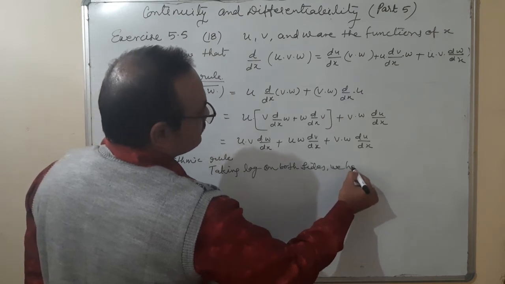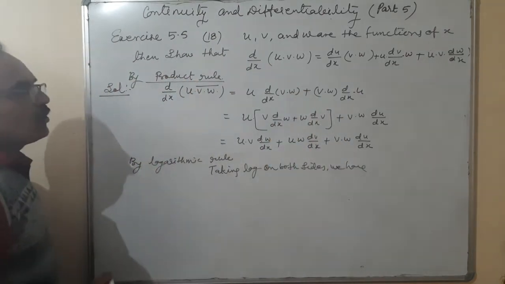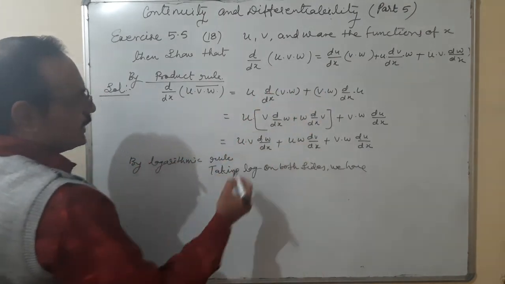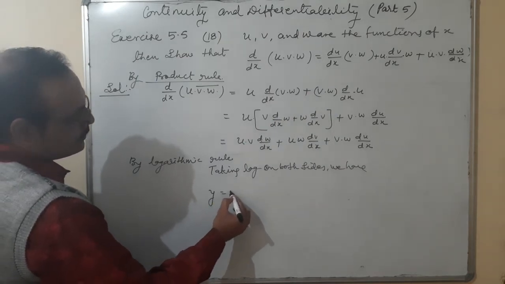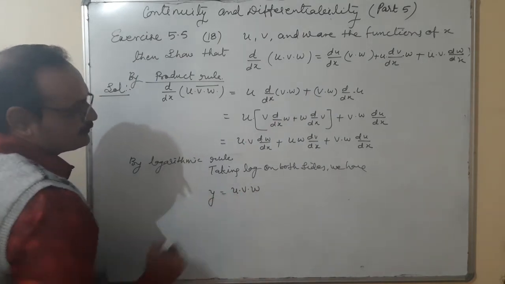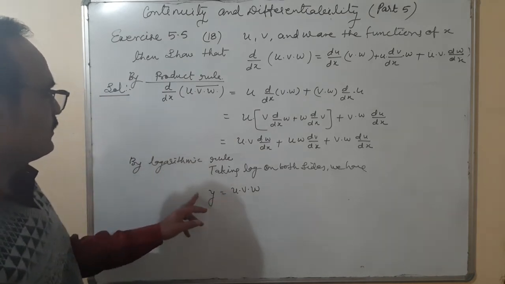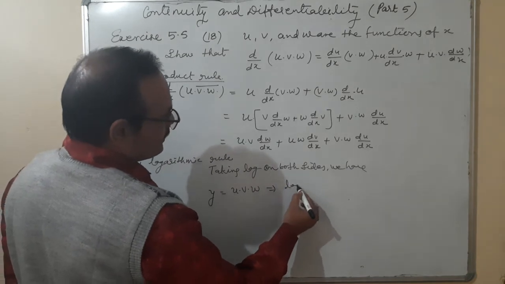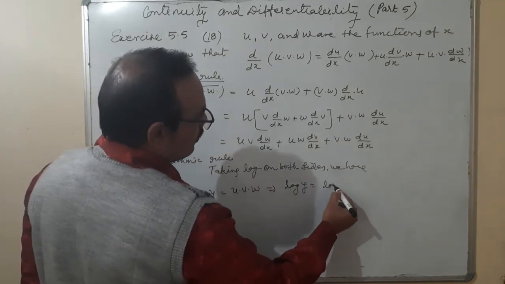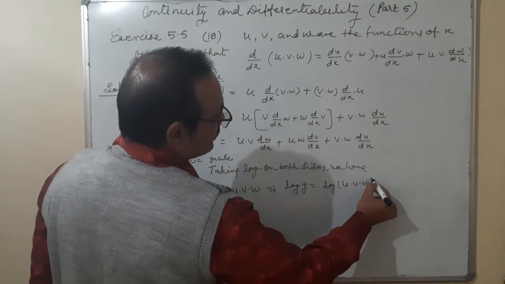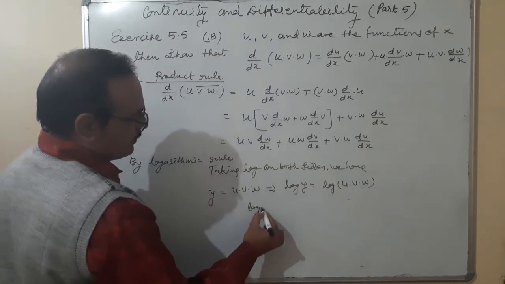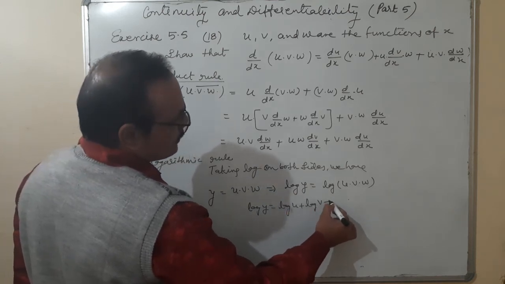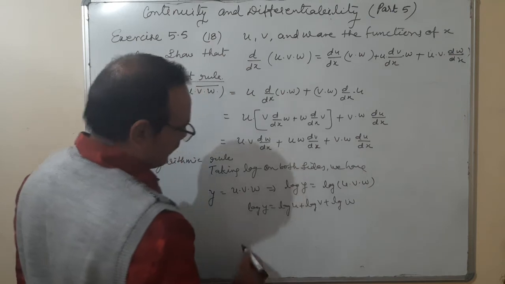Suppose I take y is equal to u dot v dot w. Taking log on both sides, log y is equal to log of u v w, so log y is equal to log u plus log v plus log w.